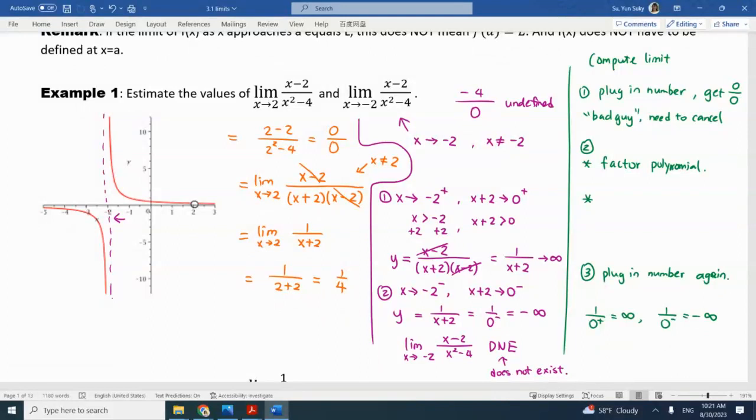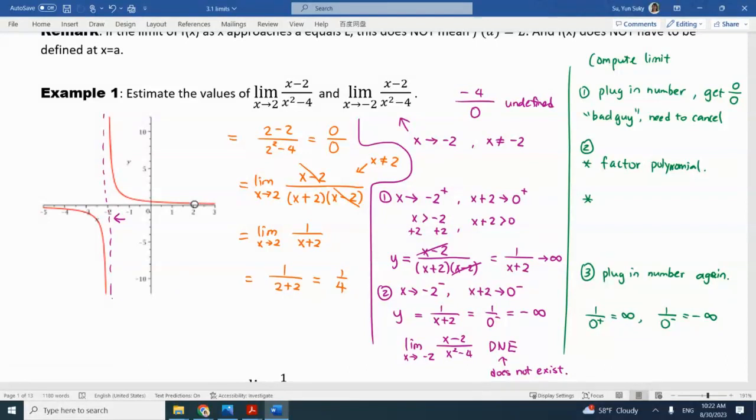Okay? Because you see the left hand side, and here I give you the picture, but in the exam I will give you the picture. Okay, everybody? You see how here on the left hand side, your y goes to minus infinity, right? And it matches with our work, right? And when x goes to -2 from the right, the y goes to positive infinity.